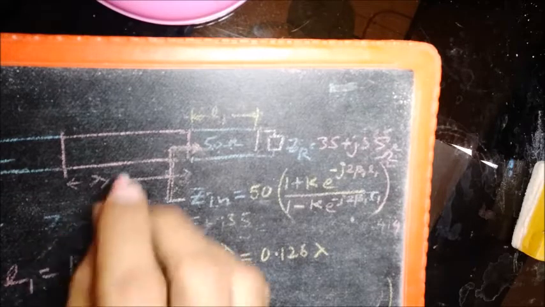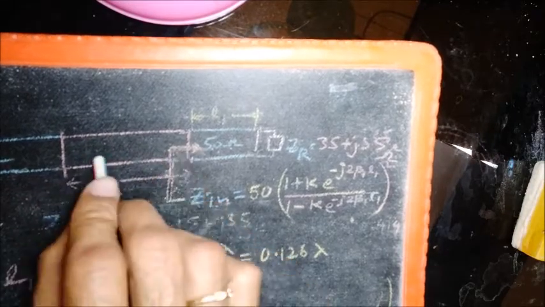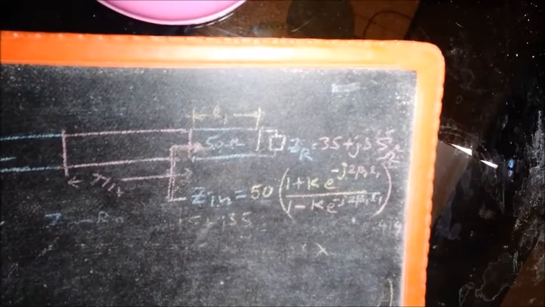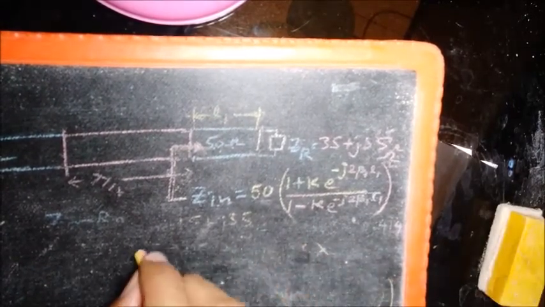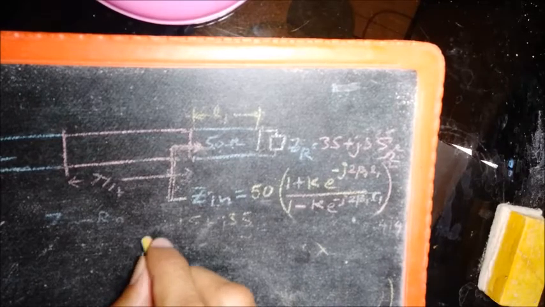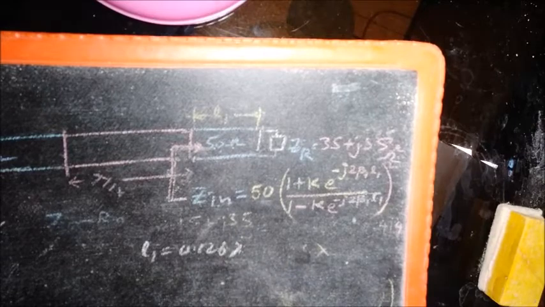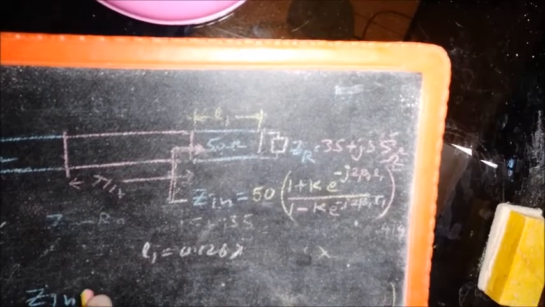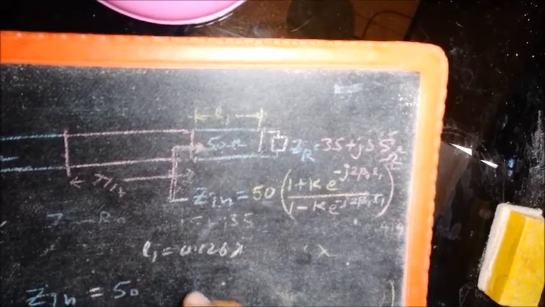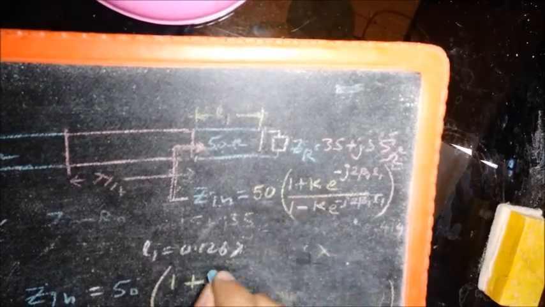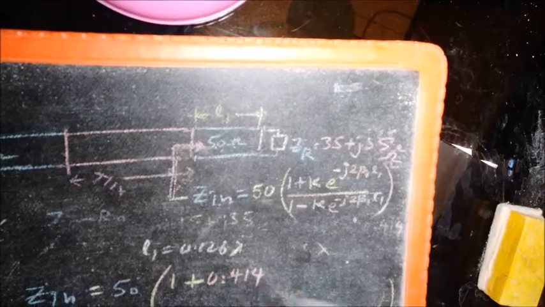Okay, now the characteristic impedance of this section. Now coming to that, with L1 as 0.126 lambda, Zin becomes 50 into 1 plus K, which is 0.414.